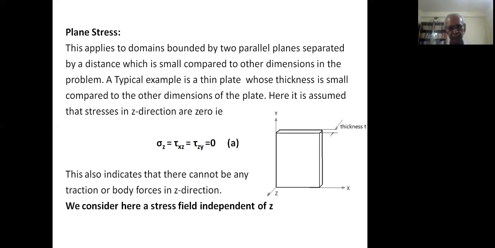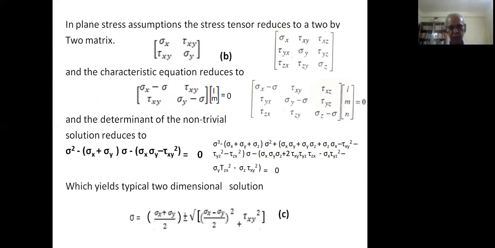So we go ahead and see what would be the other formulations, because in order to solve for the unknowns, we need to use 15 equations in different sets. Let's consider the stress tensor under plane stress condition.